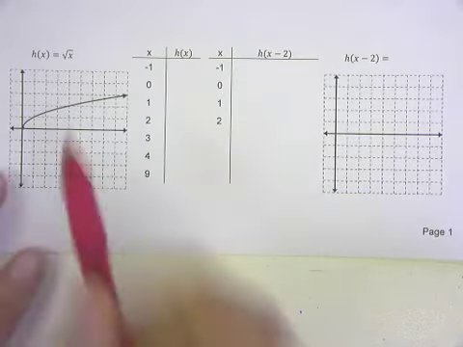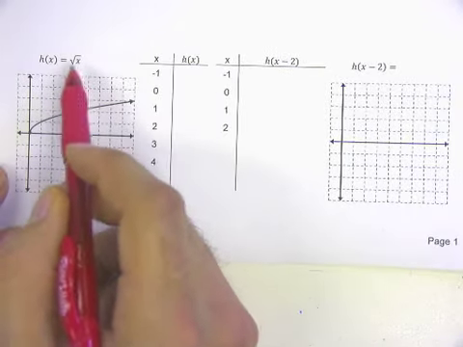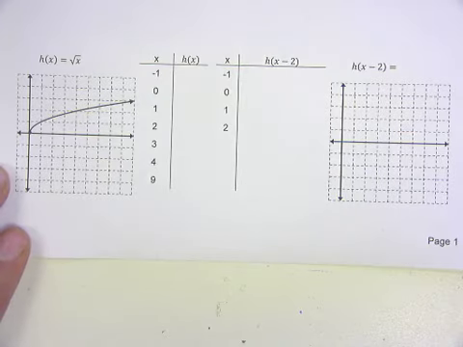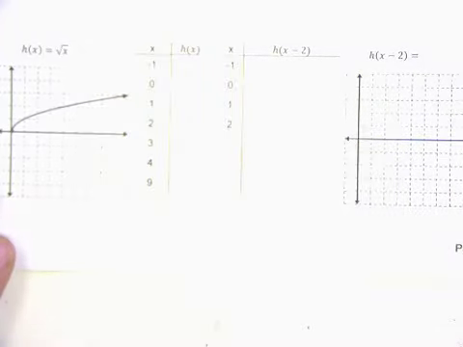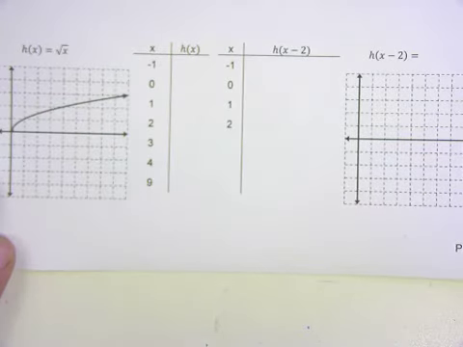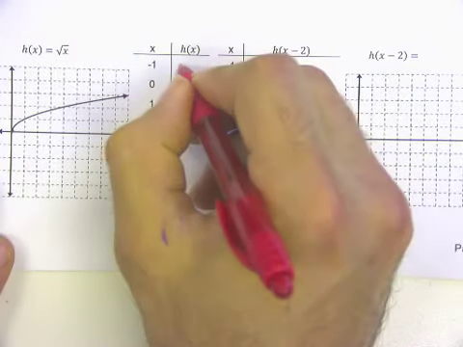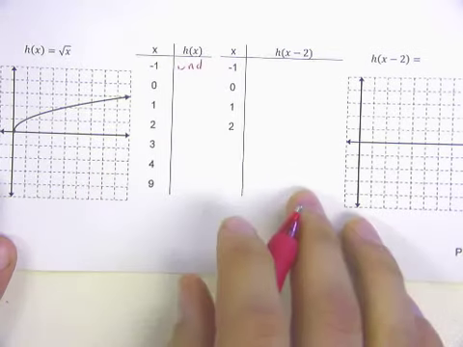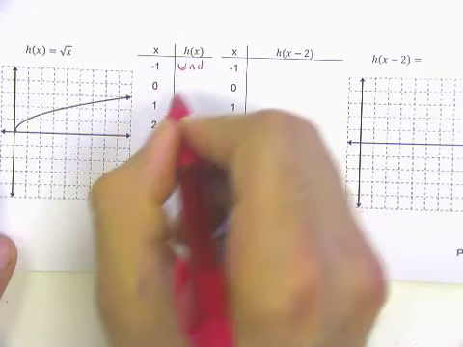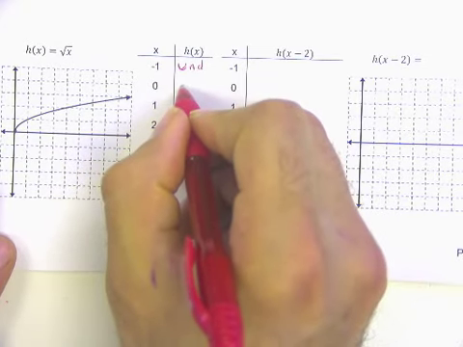Well, first let's just get a reminder on how this h of x being the square root of x works. When we try to take the square root of -1, in our real number system it's going to be undefined because it would be i, and that's just not something we're going to mess around with. So we're just going to call this undefined since we're working in our real number system. When we take the square root of 0, that would be 0.